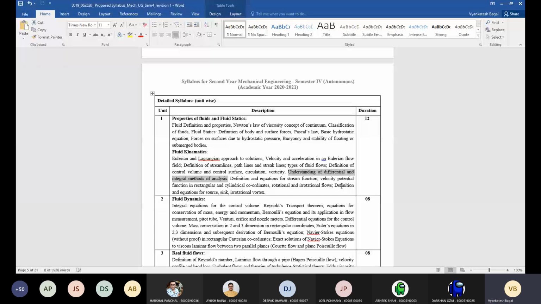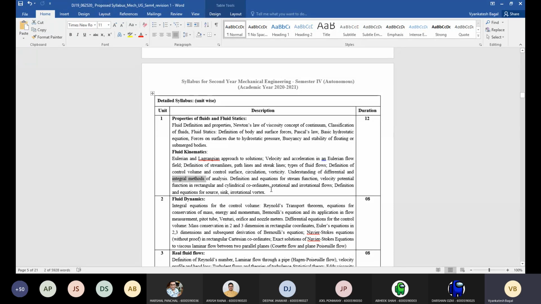And there is one more approach called the integral approach, or integral methods. You must have studied this in mathematics. Both approaches we are going to study in our entire syllabus.